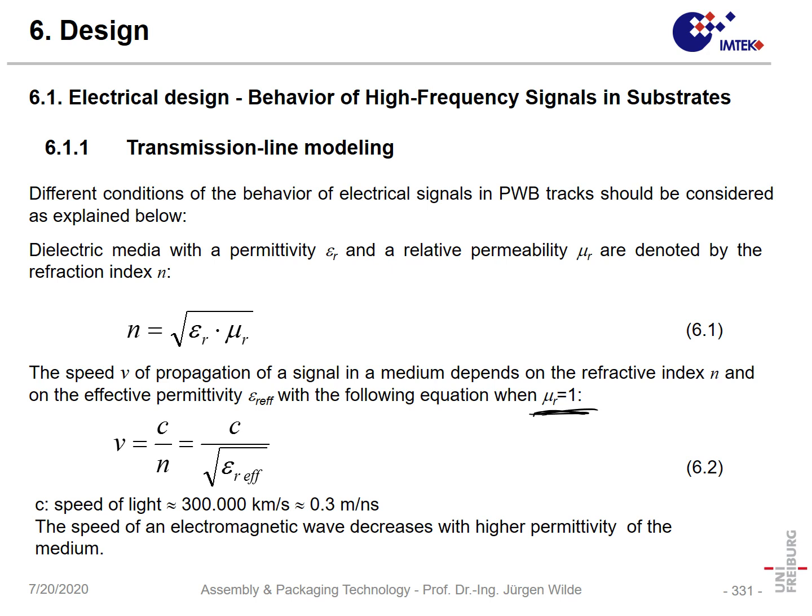Permeability is not 1 when we are near a magnetic material like, for instance, nickel. The speed of light is roughly 300,000 kilometers per second. So you could also say it's roughly 0.3 meter per nanosecond.